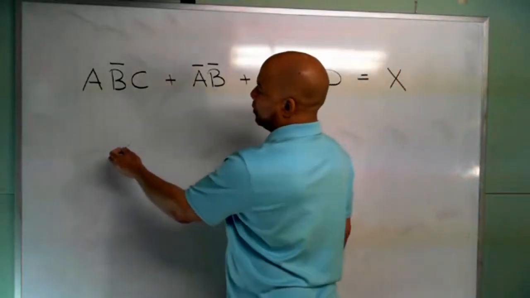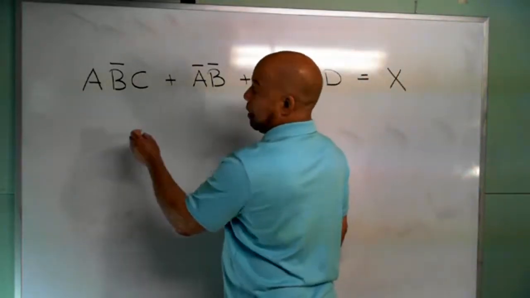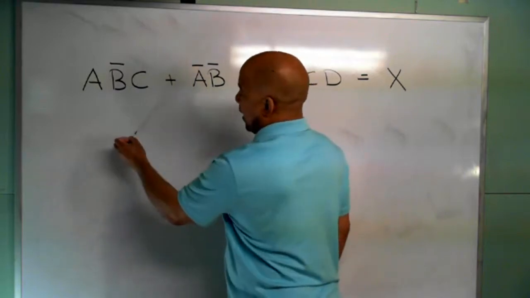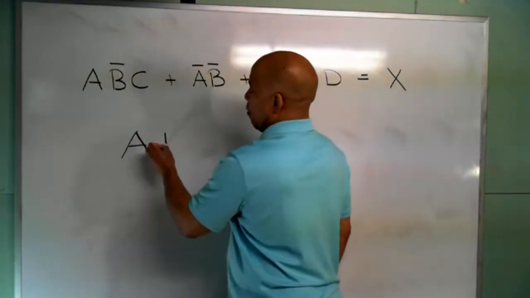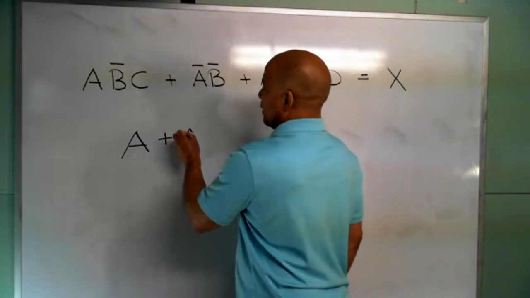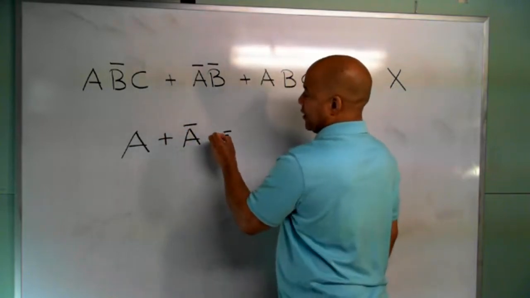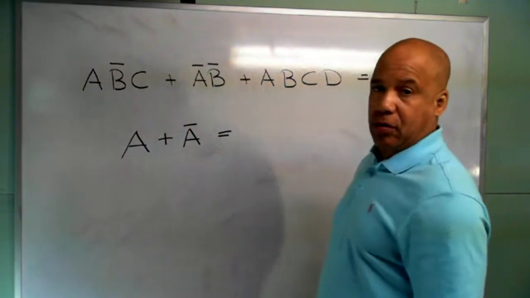Let's say I have two variables and I OR them together. I'm going to OR a variable with its complement. If I have A or A not, if I OR them together, somebody tell me what that's equal to.